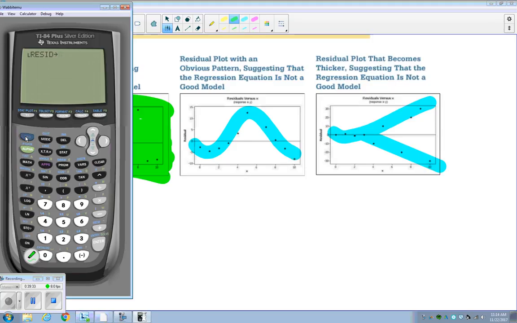So we're going to go second L3. We're going to go ahead and hit enter. Now it's giving us the whole list of the residuals. They're all right there, but let's take a look at stat and edit to see our lists. And now you're going to see L1, L2, and L3. L3 is the residuals.